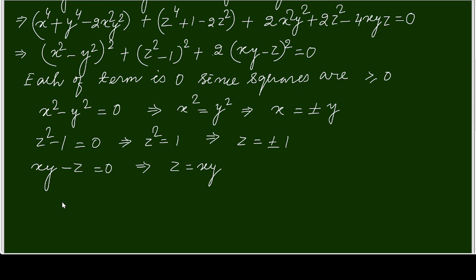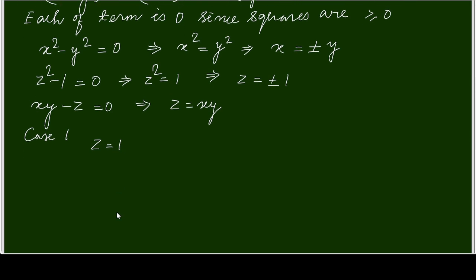First I am taking case 1: z equals to positive 1, then xy equals to 1. What does it mean? x and y, either both are positive or both are negative.